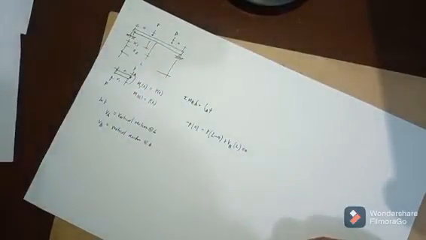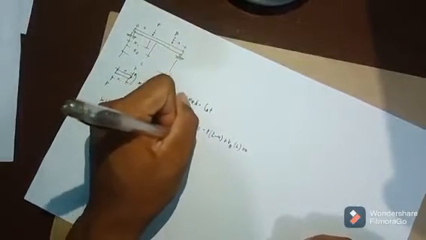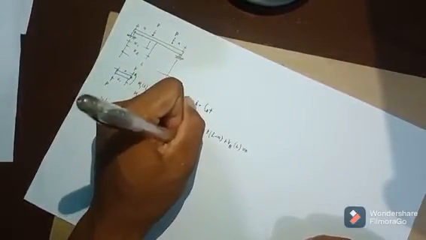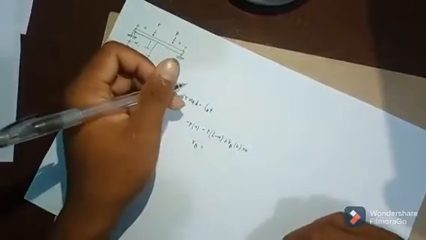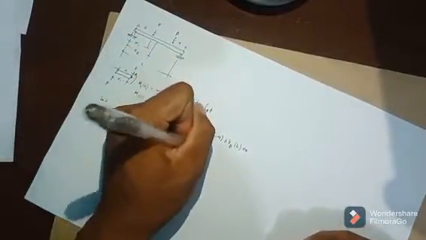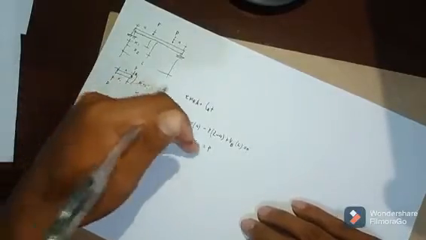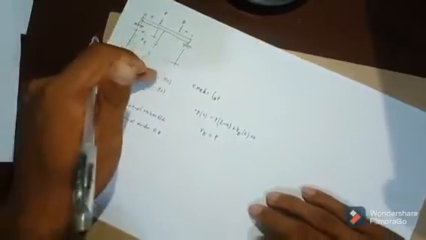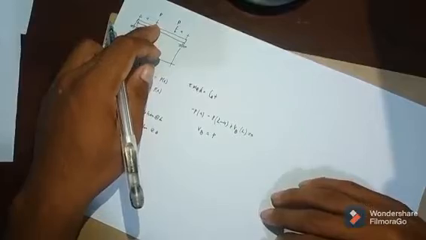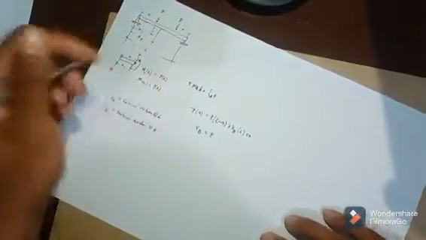Transposing, we get VB is equal to P. So the reaction at B is equal to the concentrated load.